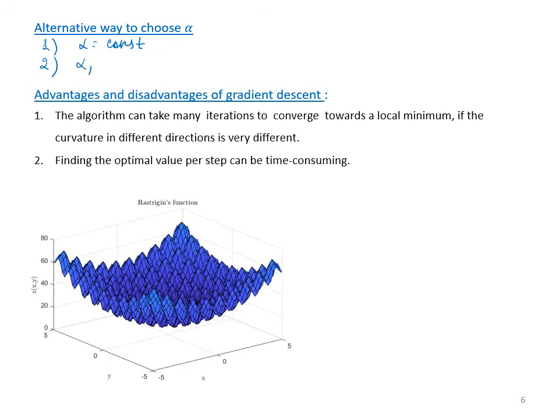Let's say we pick alpha 1, then alpha 2 we pick as a half of alpha 1, alpha 3 is half of alpha 2, and so on. Every time we just decrease alpha with constant rate. How to pick alpha? It really depends on the particular problem, and sometimes it's not necessarily to have a very complicated representation of alpha. Sometimes it can be just small constant.